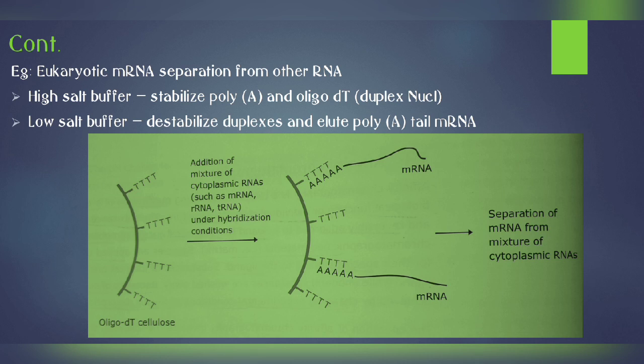In that way they are separating. The strategy is that high salt concentration makes the duplex, which is nothing but double-stranded formation, so the other non-specific molecules are eluted. After that they give a low salt buffer, which destabilizes the duplex, and then the poly A tail containing mRNA is eluted.